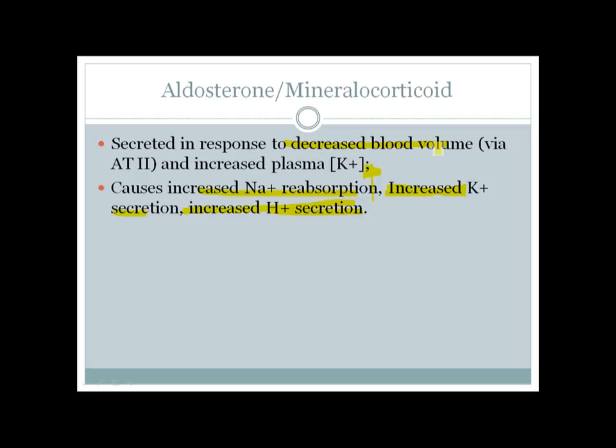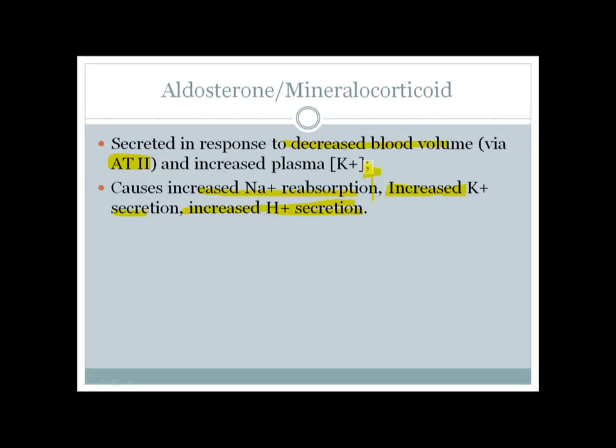This renin will convert angiotensinogen to angiotensin 1, and after the action of angiotensin converting enzyme, it becomes angiotensin 2. Angiotensin 2 has receptors on the aldosterone releasing cells in the glomerulosa, and they will be activated by the increased amount of angiotensin 2, leading to increased secretion of aldosterone.